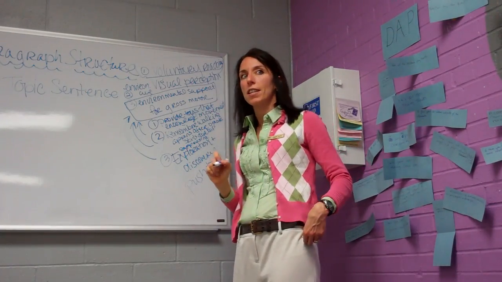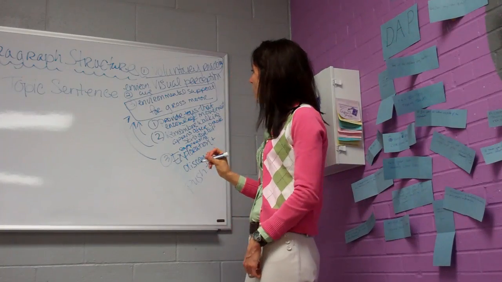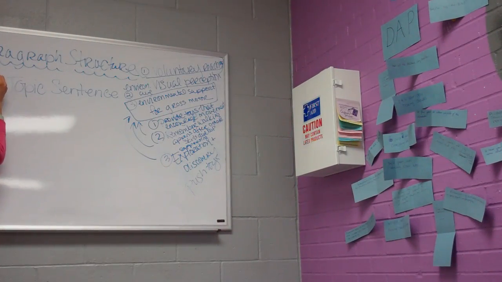Okay, now let's look at these for a second, because I think we're getting our paragraph here, right? I need to have a topic sentence. That's number 1. I need to have a total of 5 sentences typically in a paragraph. Sentence number 2 is what? Supporting details.